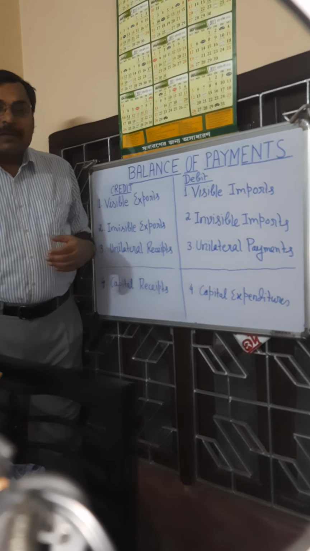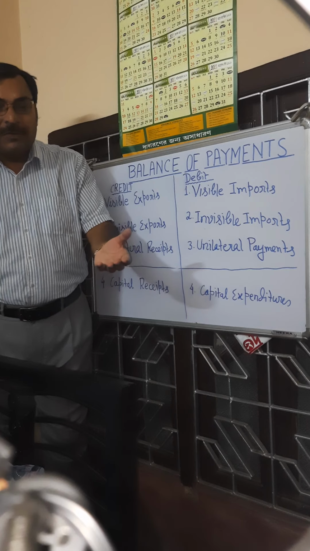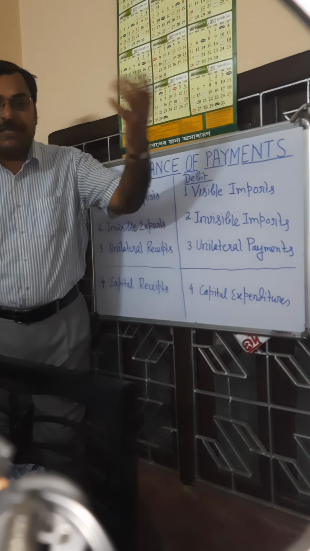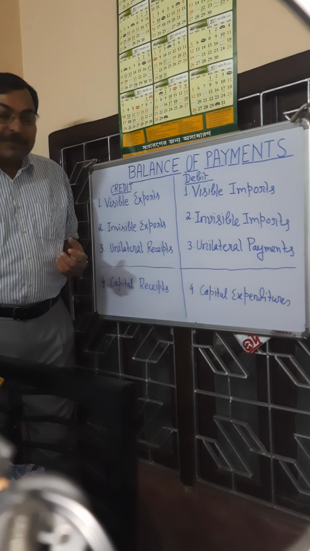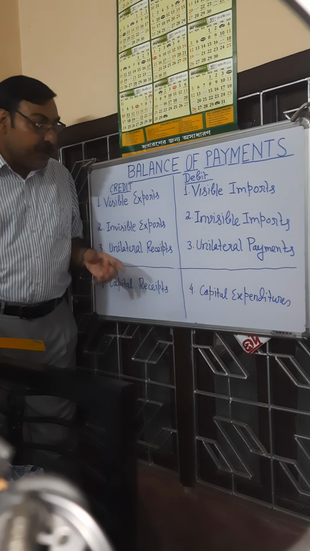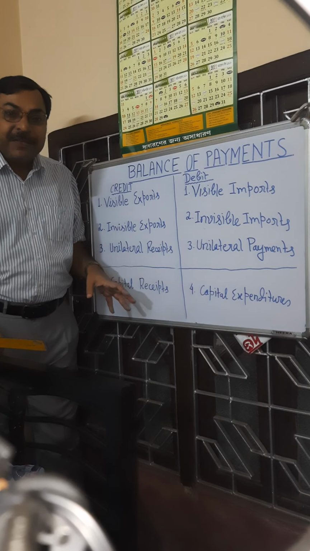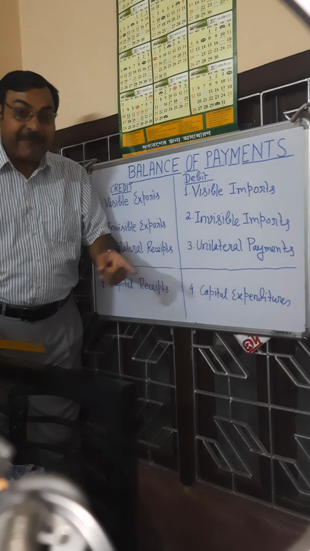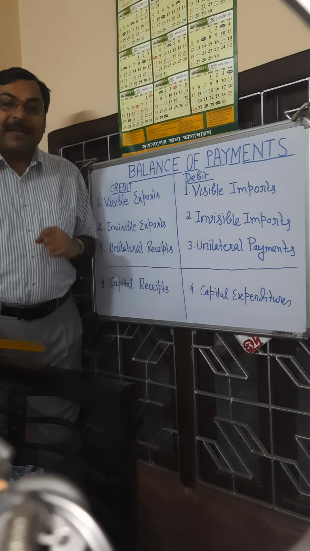If you are selling your shares to the outer world, if our company shares are purchased by the foreigners, then because of these receipts, by this sale of shares, your assets are declining, number of shares are declining. So these incomes or expenditure affect asset liability condition and are included in the capital account.